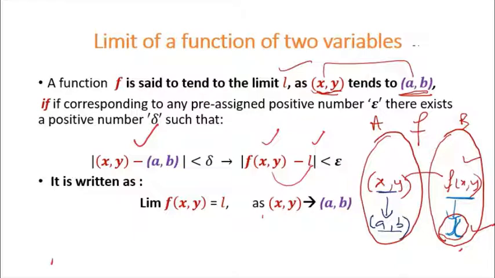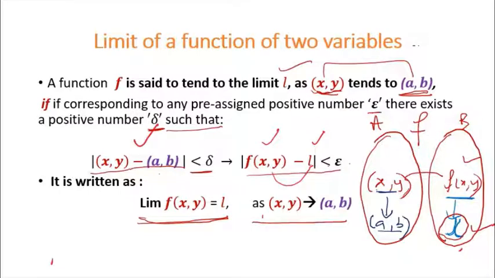If you give different values so that xy reaches a comma b, then corresponding to any pre-assigned positive number epsilon, there exists a positive number delta such that modulus xy minus ab less than delta, that is, the distance between xy and ab is reducing, implies modulus of f of xy minus L is less than epsilon, the distance between f of xy and L is reducing. It is written as limit of f of xy is equal to L as x comma y tends to a comma b.